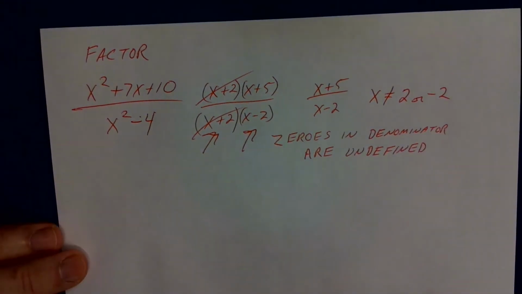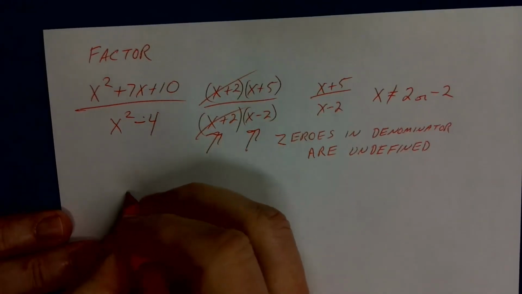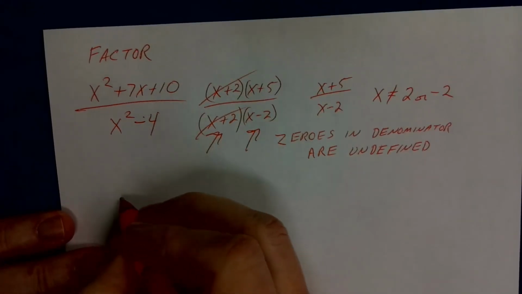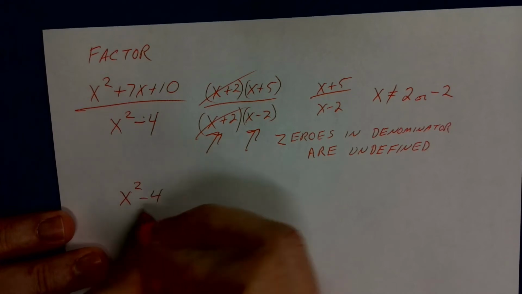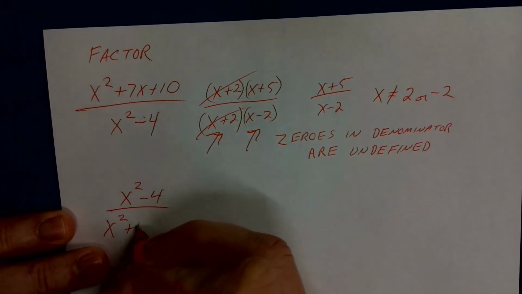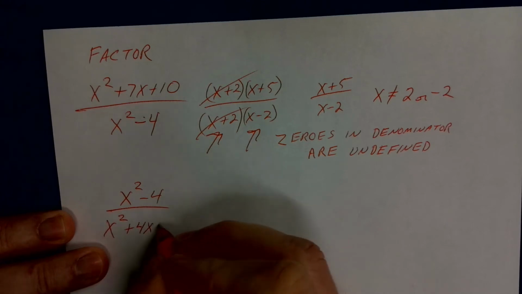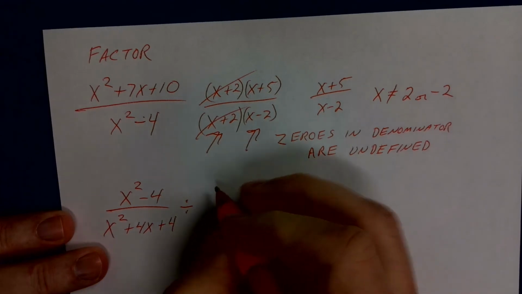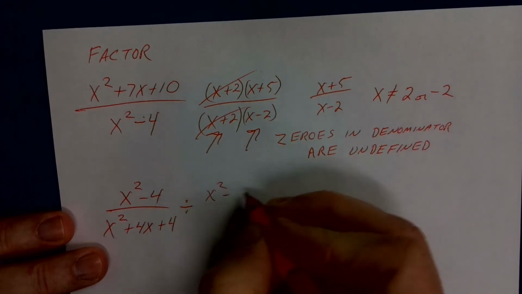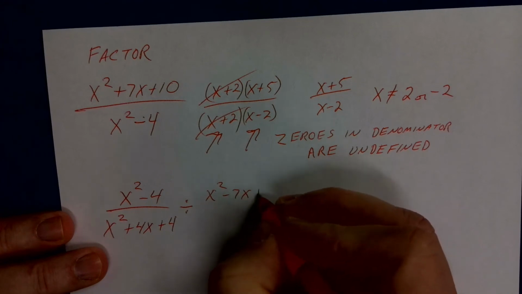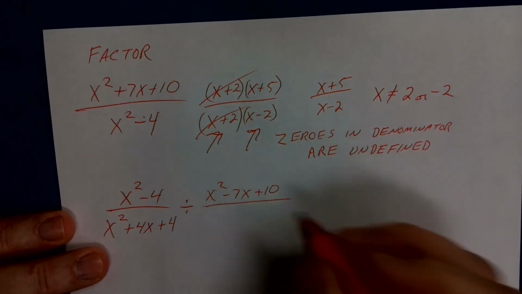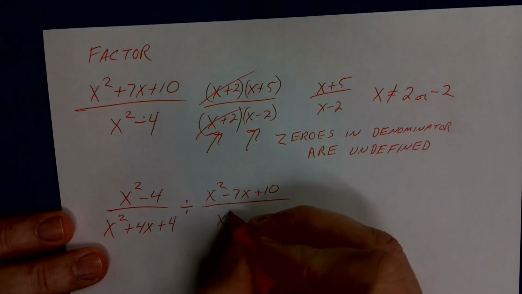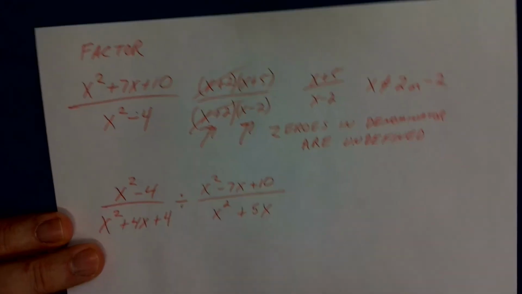Okay, so then I have other ones like this, a little bit bigger, maybe. x squared minus 4 over x squared plus 4x plus 4 divided by, in this case, let's do x squared minus 7x plus 10 over x squared plus 5x.